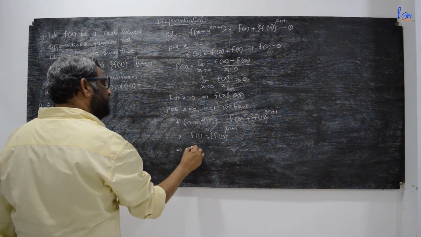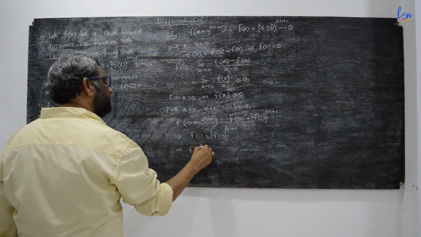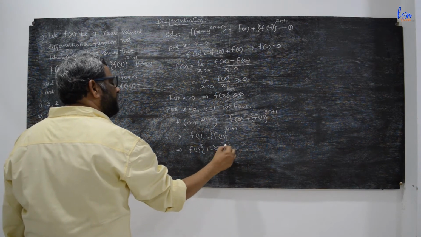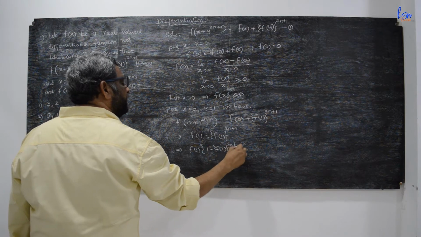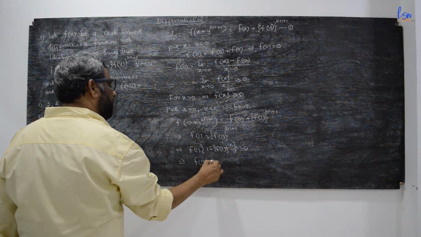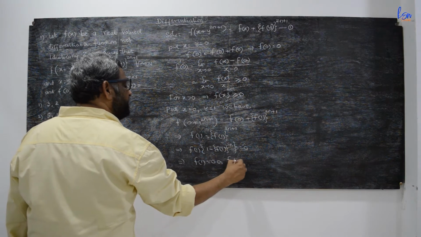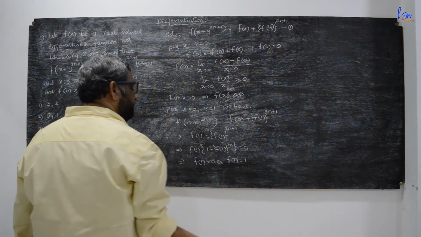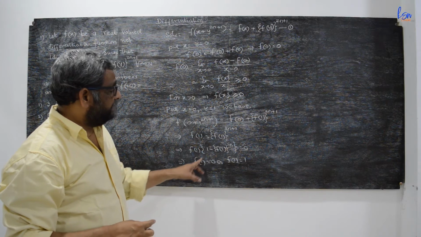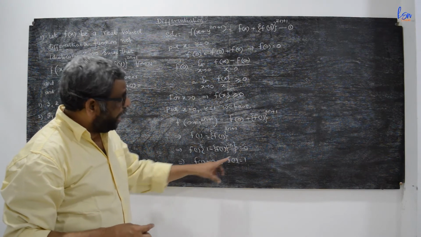Therefore I can write f(1) into (1 minus f(1)^(2n)) is equal to 0, which implies f(1) equal to 0 or f(1) is equal to 1. So here there arise two cases for f(1), it is either 0 or 1.